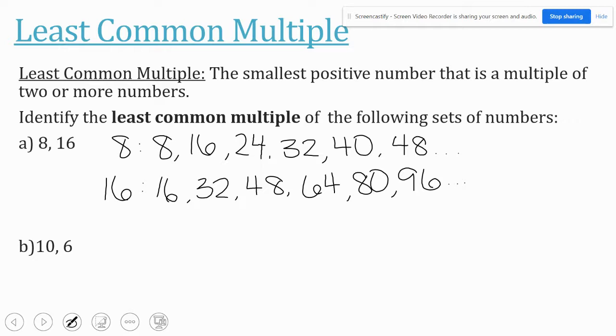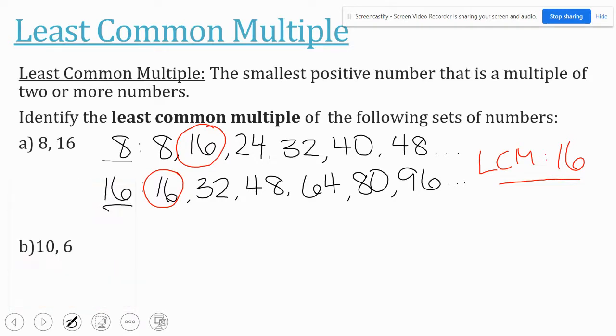So we could have stopped a bit ago because hopefully you've noticed that there is a least common multiple. The smallest number that both of these lists have in common is 16. So there's a 16 here and there's a 16 here. There's also a 32, there's a 48, but this one is the smallest one. So that's why we want to focus on that. So the LCM of these two numbers is 16.